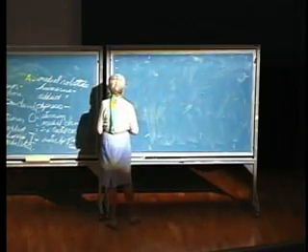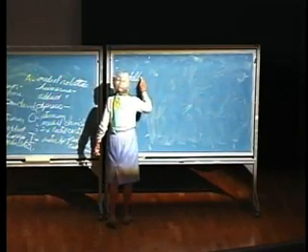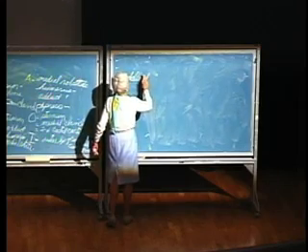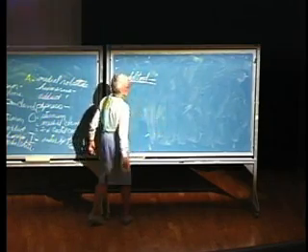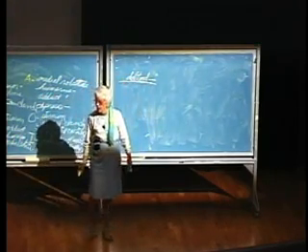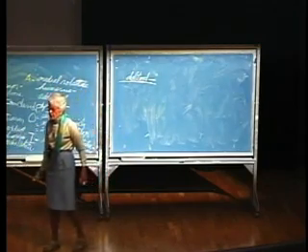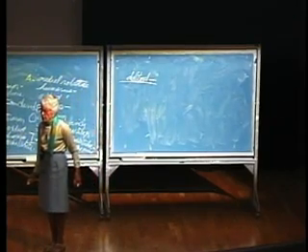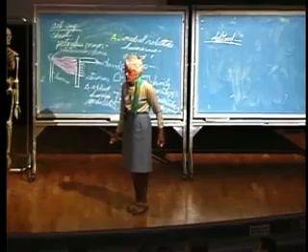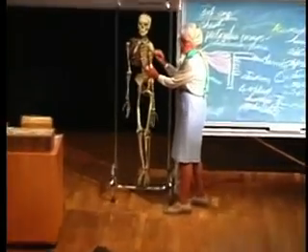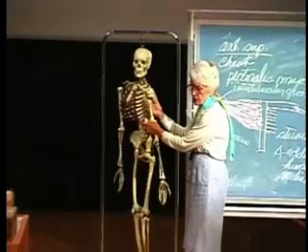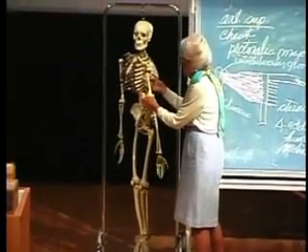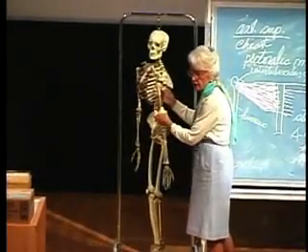Let's take the deltoid. Most people know the deltoid. It's an easy one to figure out. It comes around, so when it rotates, medial rotate.